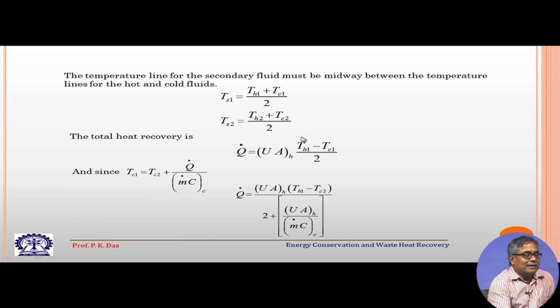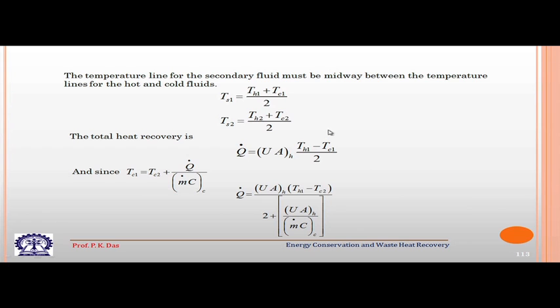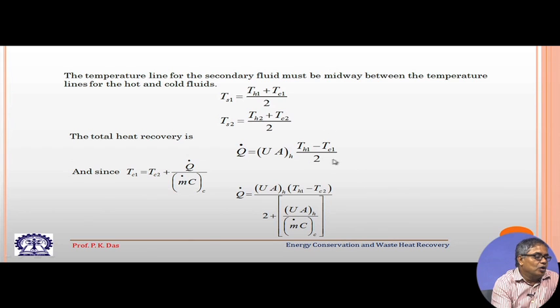Mind that this is the inlet temperature of the hot fluid, but this is the outlet temperature of the cold fluid. And in most of the cases, we do not know the outlet temperature of the cold fluid. This is divided by 2, because delta T in the hot heat exchanger will be half of this quantity.